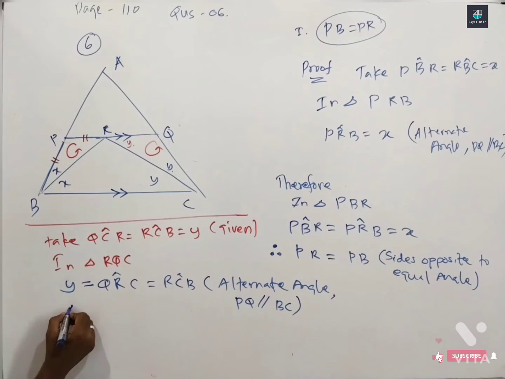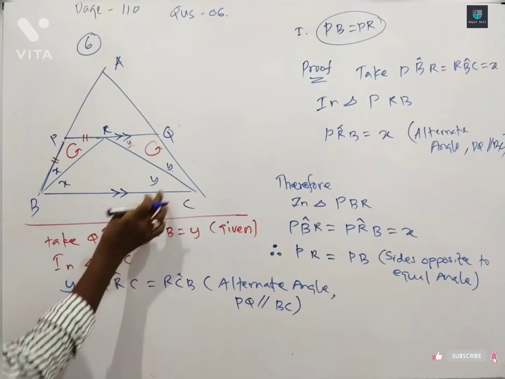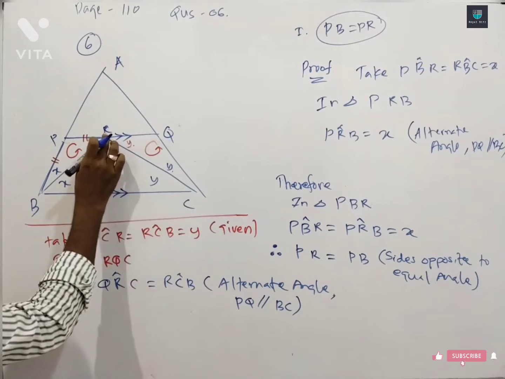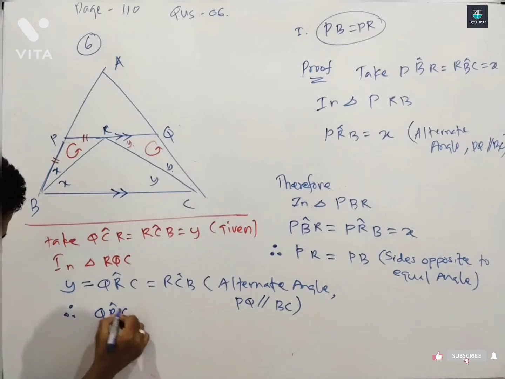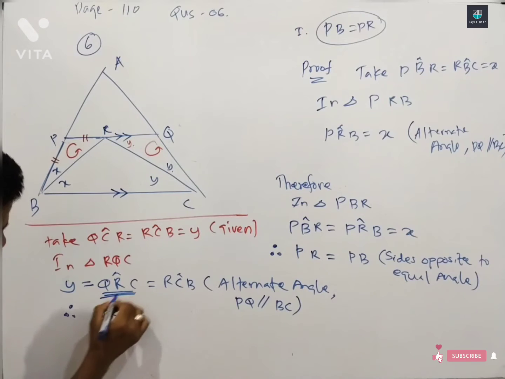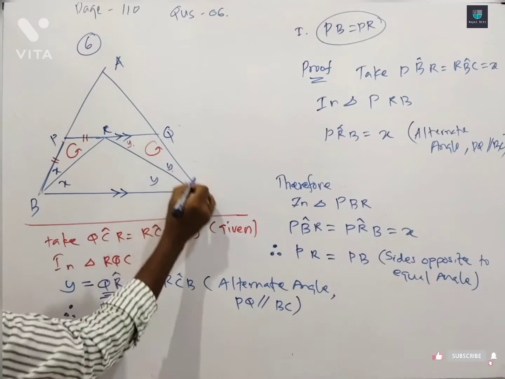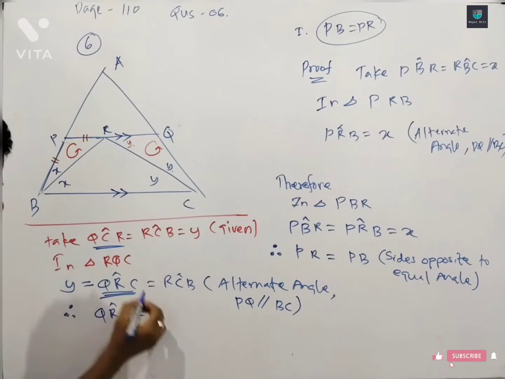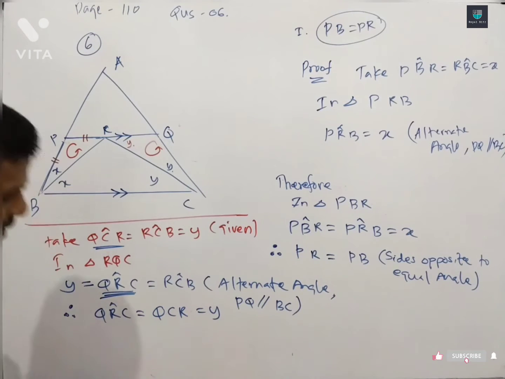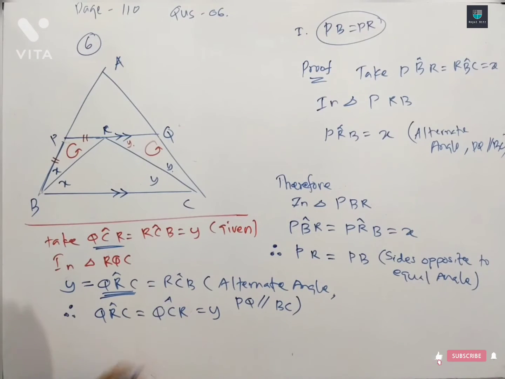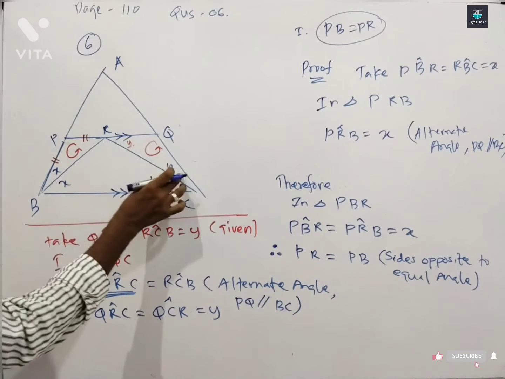So therefore angle QRC is equal to angle QCR, which is equal to y. Now in this triangle, these two angles are equal.